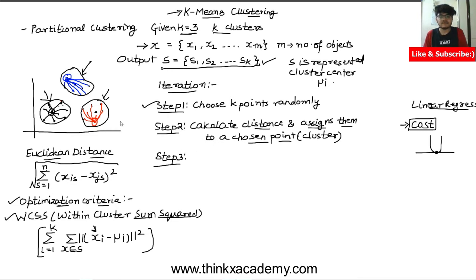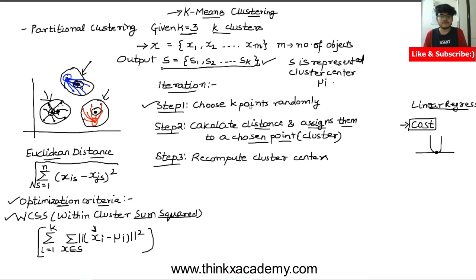Then we will recompute the cluster centers, right? At this point you can see these are the clusters that we have obtained. Now we will compute the cluster centers. You can see the center of this cluster is around here, the center of this cluster is around here, and the center of this cluster is around here. So we recompute the cluster centers.